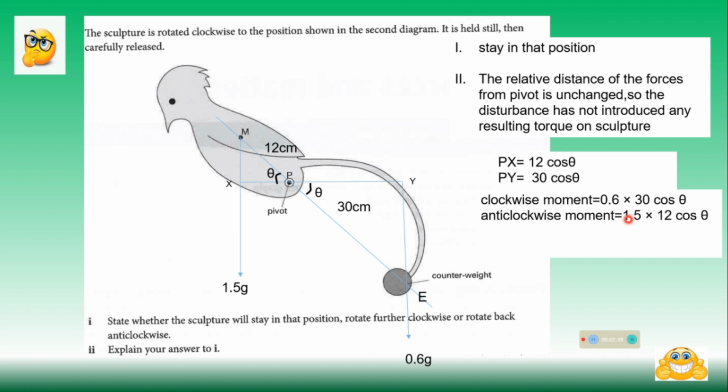The relative distance of the forces from the pivot is unchanged, and the disturbance has not introduced any resulting torque on the sculpture. This is a very important point to understand. So the sculpture will remain in its position.